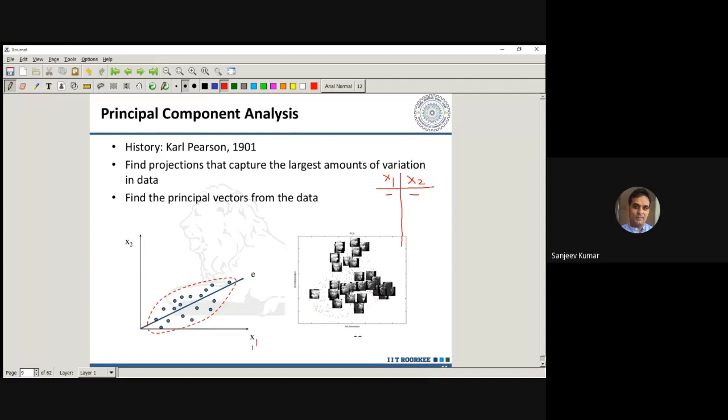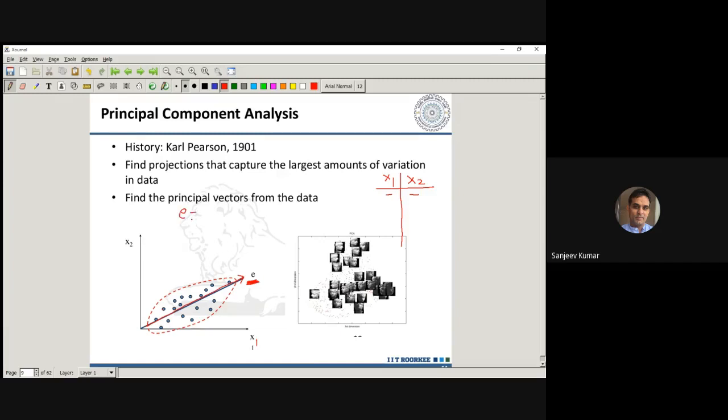And if you see this line, in this direction it has the maximum variation, in the direction of this vector E. I am not taking either x1 or x2, I am not leaving either. So this direction E is a linear combination of x1 and x2.